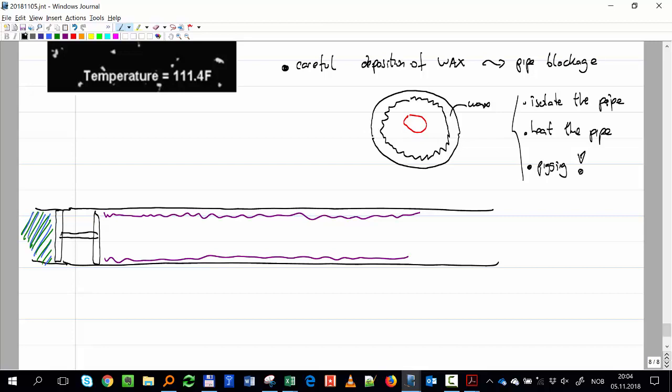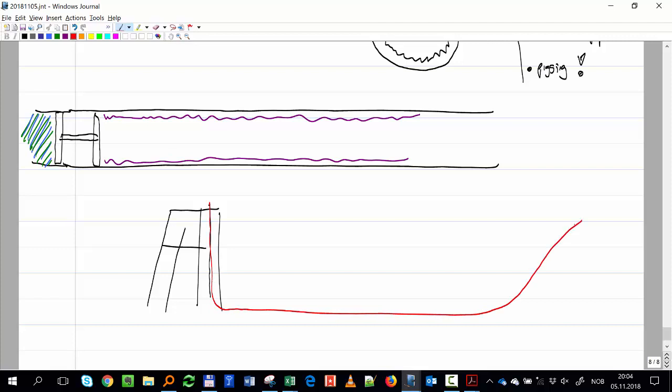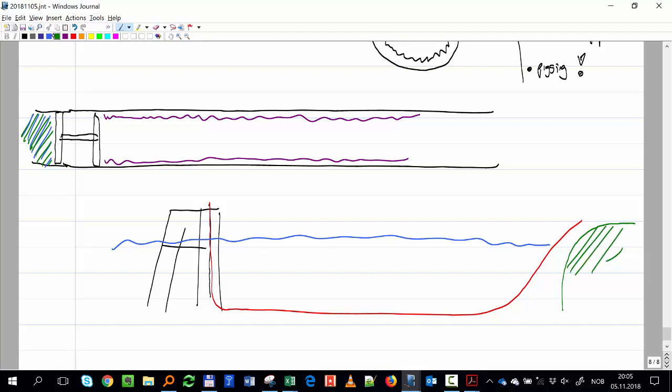So typically, for example, if you have a platform which is sending the production on a flow line to shore, here we have shore, and then here we have land, and here is the terminal where we receive the oil.